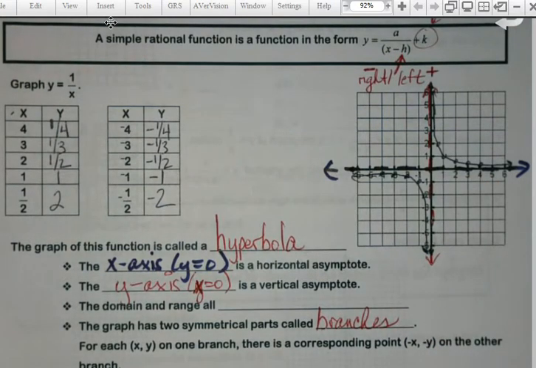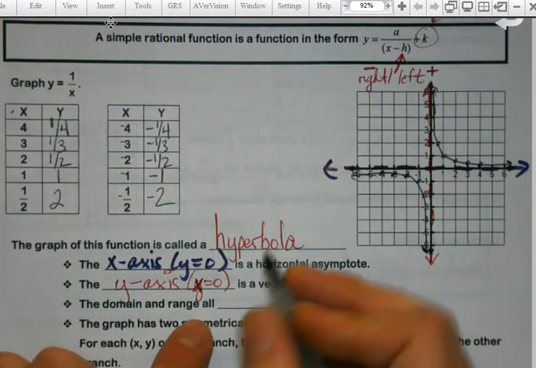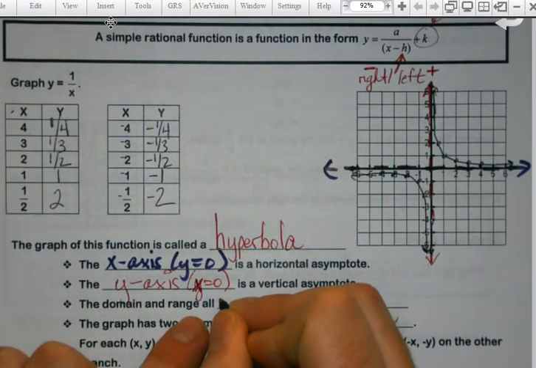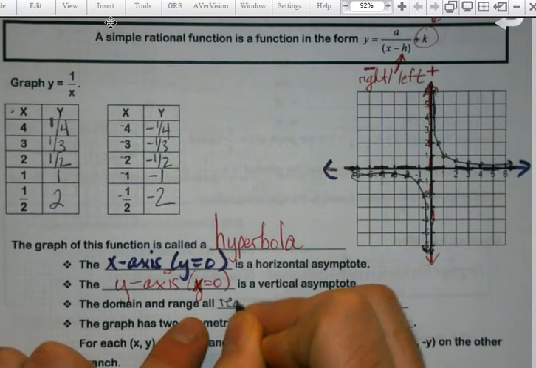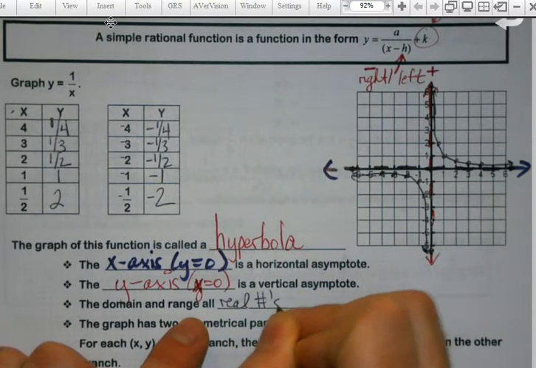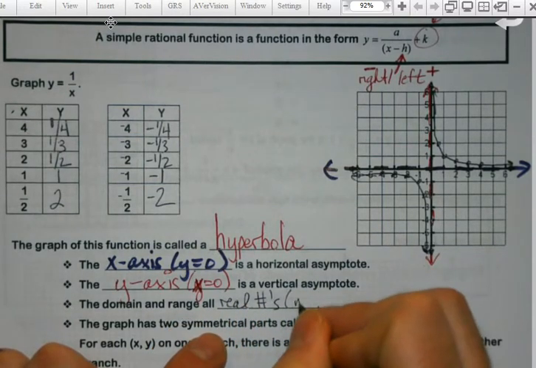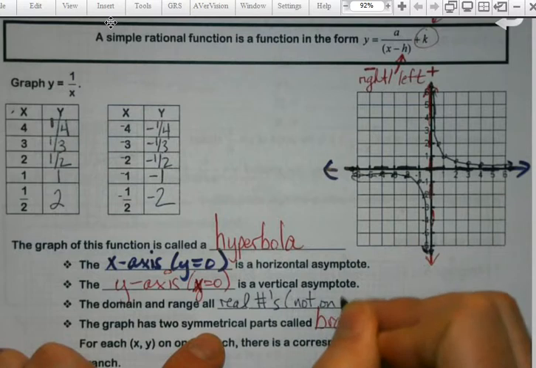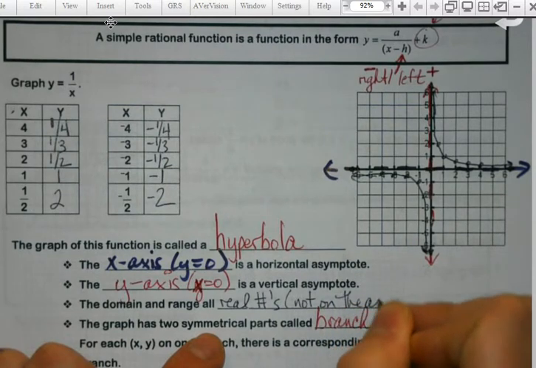So that's what a basic hyperbola is going to look like. Your domain and range are all real numbers not on the asymptote.